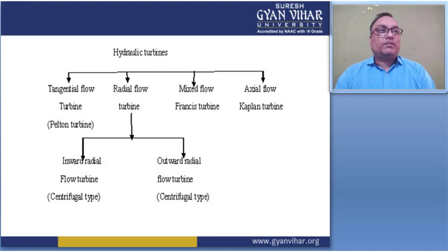Some turbines are tangential flow turbines, radial flow turbines, mixed flow turbines, and axial flow turbines. The best example of a tangential flow turbine is the Pelton turbine, and the radial turbine is again subdivided into inward radial or outward radial flow turbines.